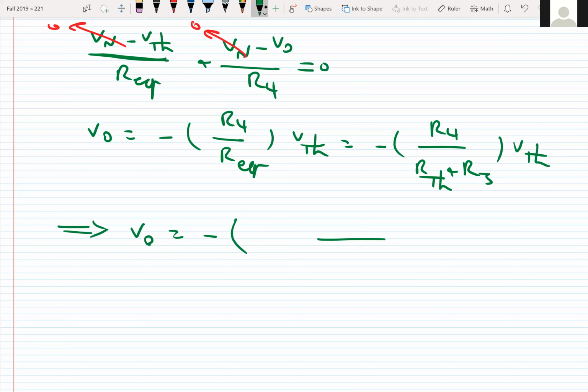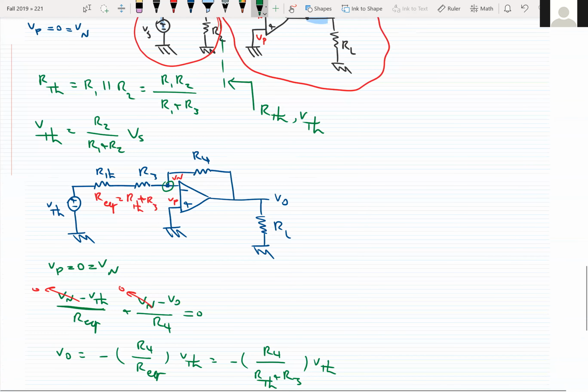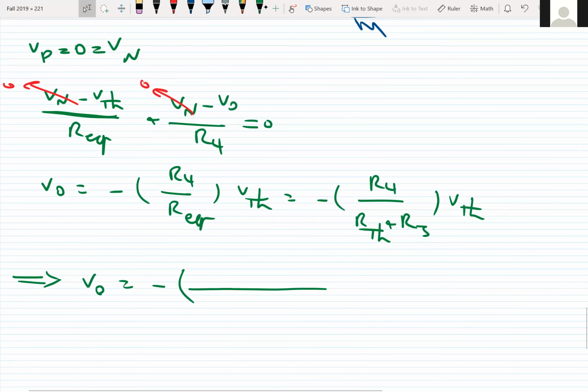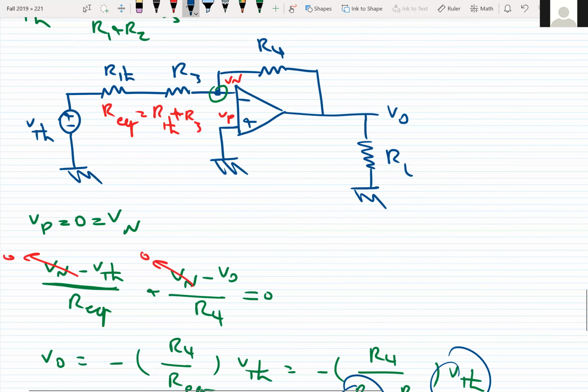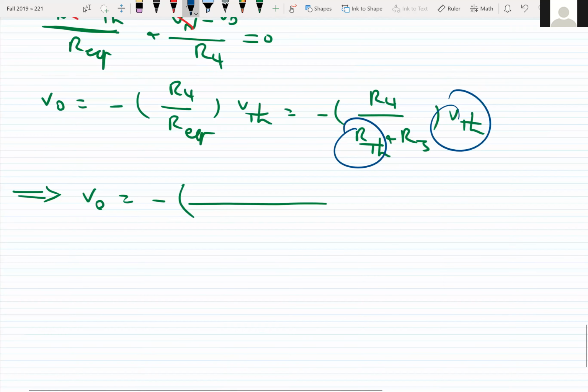Now we replace R Thevenin and V Thevenin with the values that we found here.